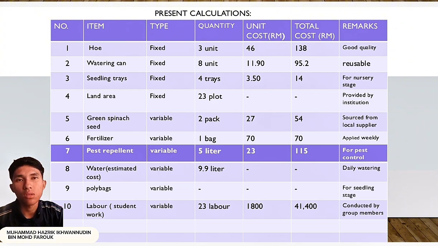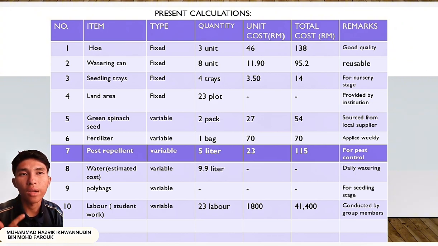In this present calculation, it has 10 items: hoe, watering can, seedling trays, land area, green spinach seed, fertilizer, pest repellents, water, polybag, and labor. The types in the present calculation are just 2: fixed and variable. Quantity of hoe is 3 units, watering can 8 units, seedling tray 4 trays.